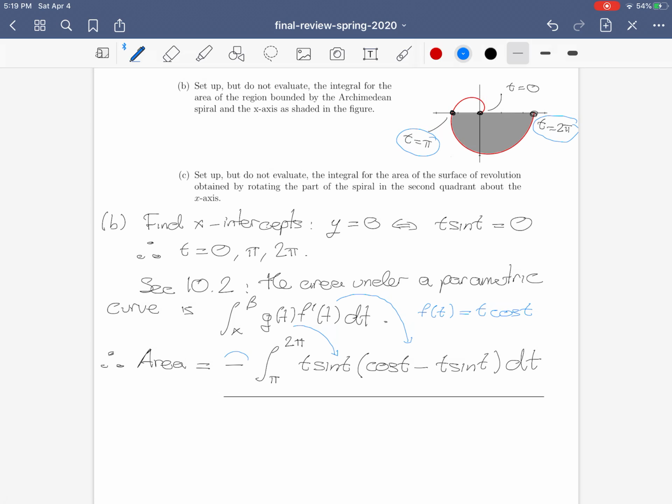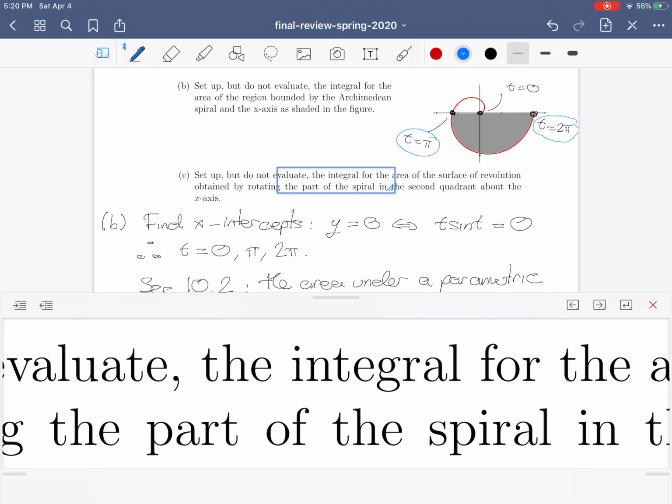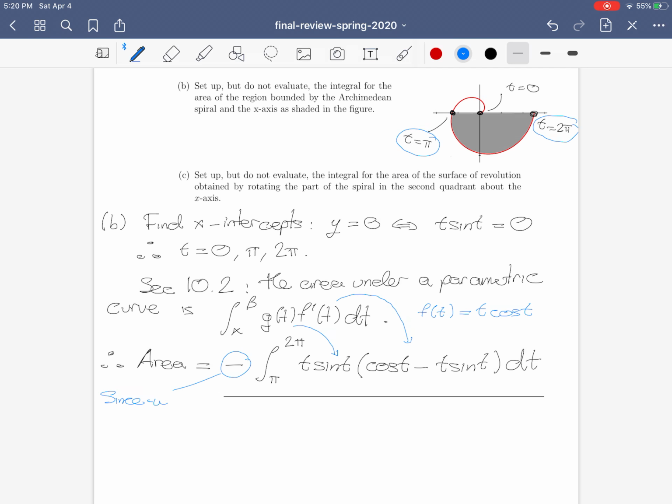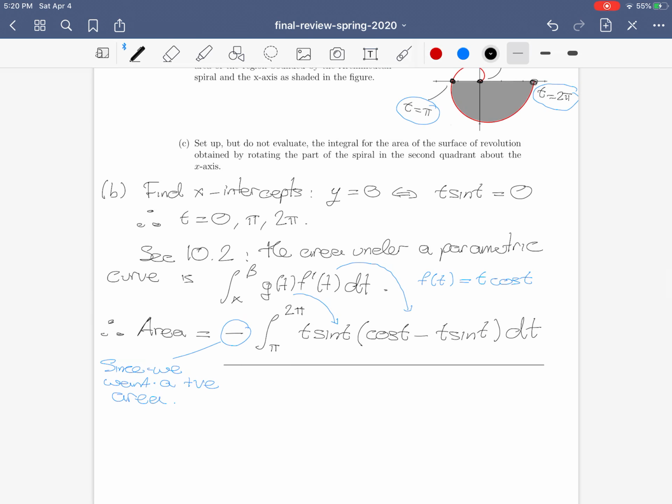And then the one final thing is this negative sign here. This is since we want a positive area. Okay, and that's it.